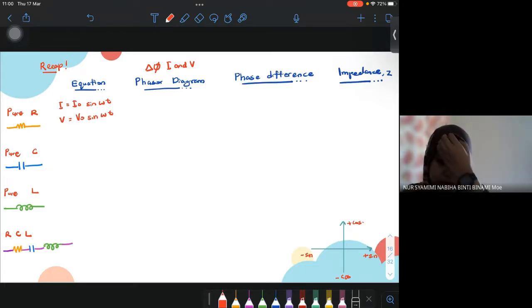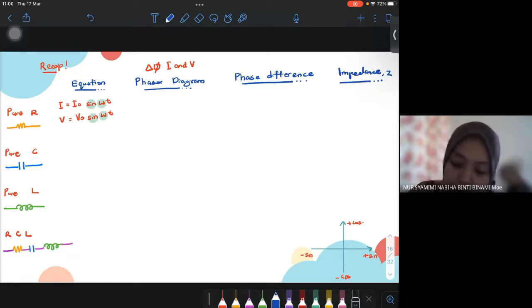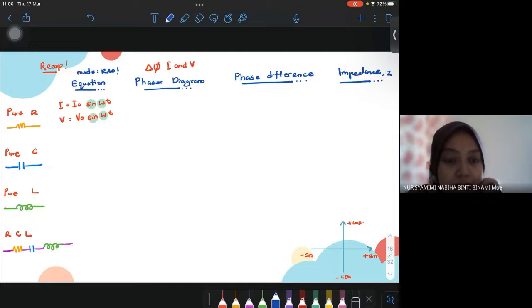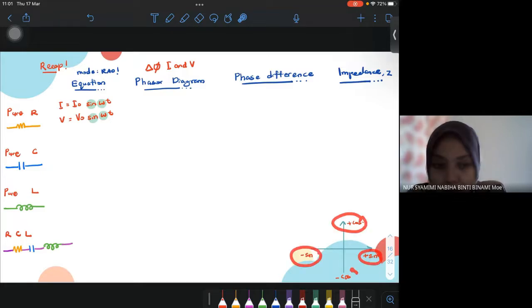Kalau kamu tengok dekat sini, ada omega dan ada sin. So your calculator must be in mode radian. Daripada equation ini baru kita boleh lukis phasor diagram. Macam mana nak lukis phasor diagram, kita kena rujuk dekat axis ini. So we have positive sin, positive cos, negative sin and negative cos.